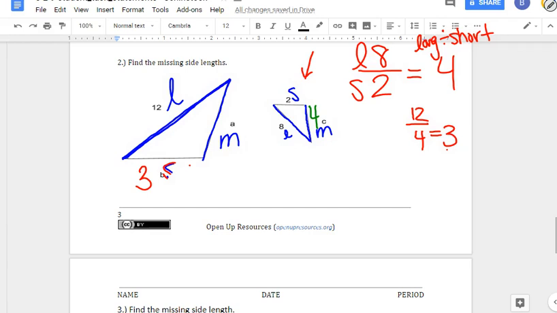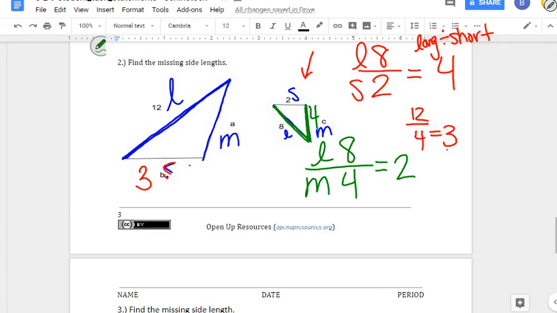So in order to find the medium side length, I have to find a common ratio that I know. So I'm going to use the long side length and the medium side length ratio. So I'm going to find the side length ratio of long to medium. So 8 over 4. My side length ratio that I can use every time if I'm trying to find the long to medium is going to be 8 divided by 4, which is 2.